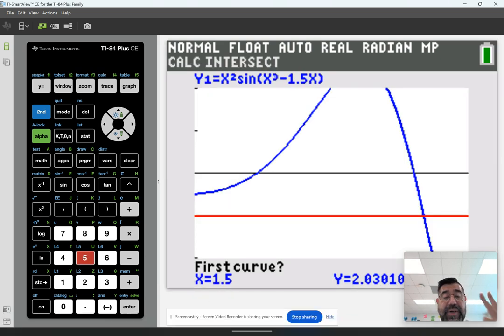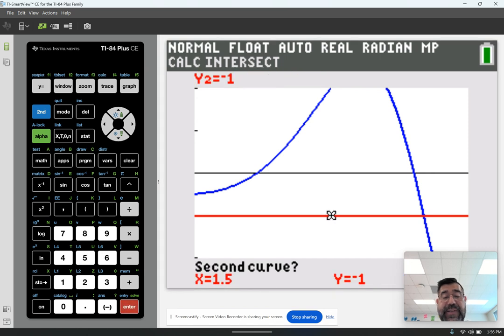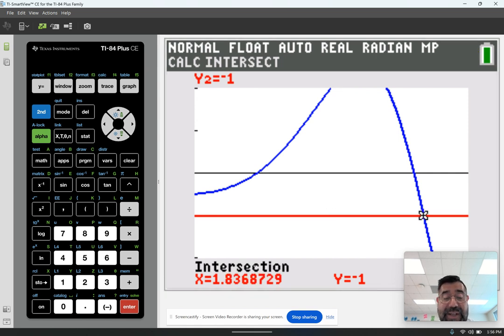It's going to ask me 2 questions. The first question is, is this curve, this equation in blue, one of the 2 curves you want to find the intersection for? Press enter, it is. Next question, is this curve, the red line, the second function you want? Press enter, yes. Do you want to take it again? I don't, so press enter, and it's going to give you the intersection.